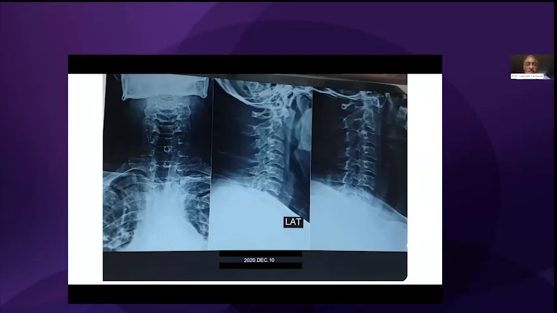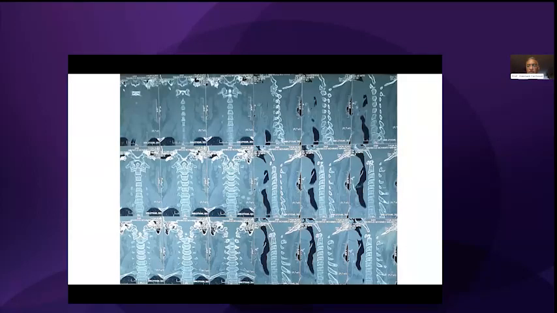This is the first X-ray that he did 5 months ago, seen by our colleagues, and they just suspected that he might have a C1 and C2 injury. So they went for further investigations, which was the CT. And as you can see in the CT here, there is a fracture of the odontoid.